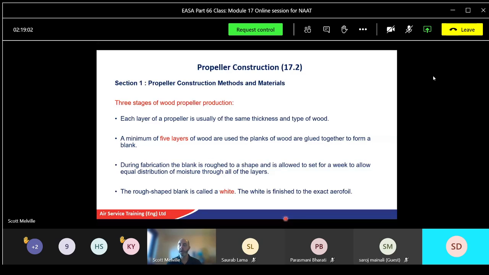Once it's all glued together and dried out, you've got this very crude looking propeller, and we call that a white. That white will then be finished to your exact aerofoil as required by the company. So: 5 layers, glue it together, leave it for a week. Once it's a week, that's called the white, and then we finish that off. So that's your 3 parts.